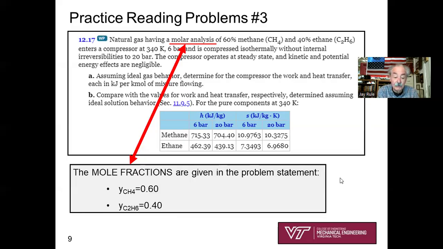That means you're given the mole fractions. So the methane mole fraction, y of methane, is 0.6, and y of ethane is 0.4. So again, it's kind of like falling off a log, but I just want to get you familiar with reading these mixture problems and seeing what's given to you.